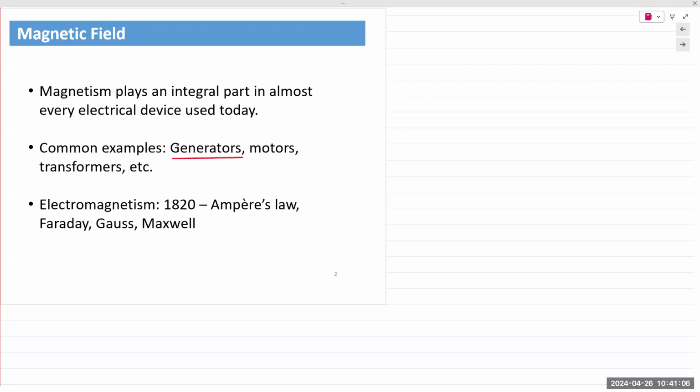There were several researchers who worked on electromagnetism over centuries. Some of the most famous ones begin with Ampere in the early 1800s. He came up with what is known as Ampere's circuital law. Following the publication of his work, you had Carl Gauss, Michael Faraday, James Maxwell, all of these researchers.